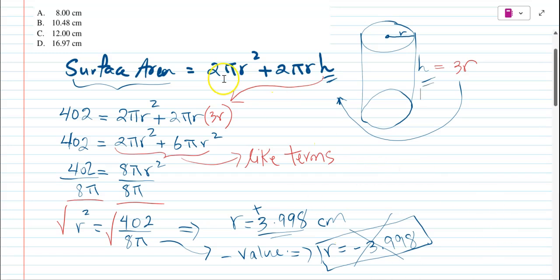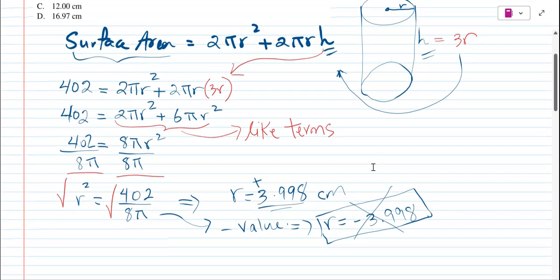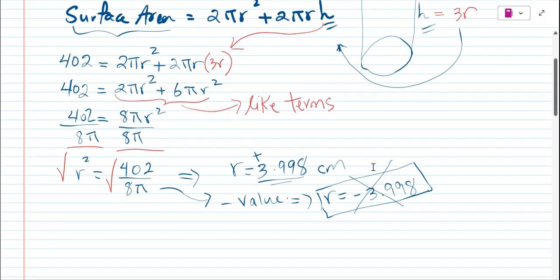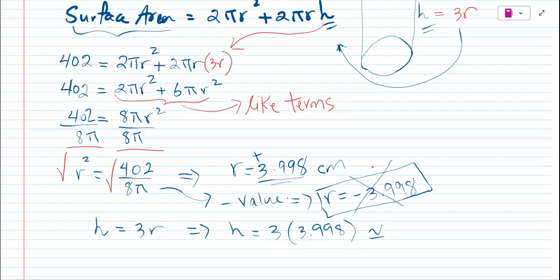But the question asks for the height. We need to find the height. So what do we do now? Well, we have to multiply. Remember, the height was 3r. That means the height will be 3 times 3.998, which is approximately 11.994, and we can round that up to 12.